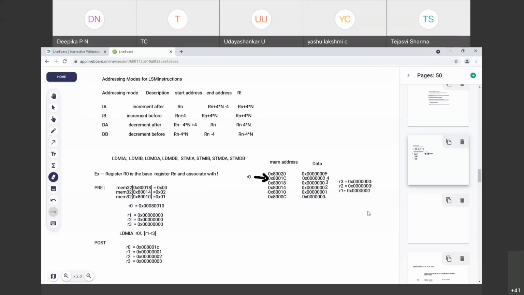That is what happened here. So the register contents are updated like this. So what are the register contents? You can call it as 432, correct?